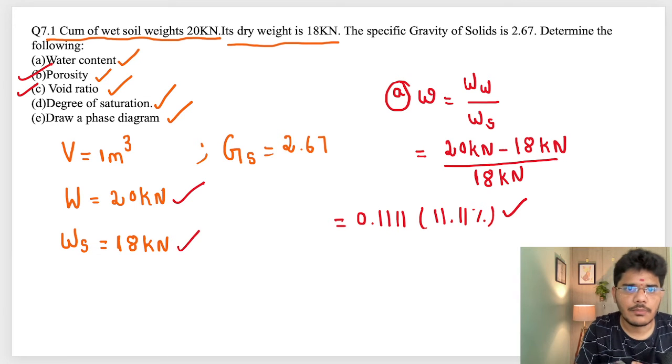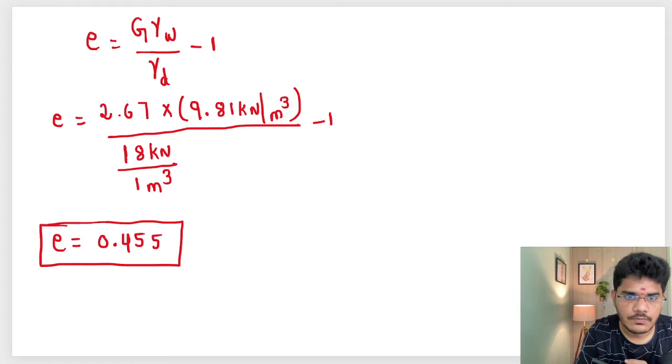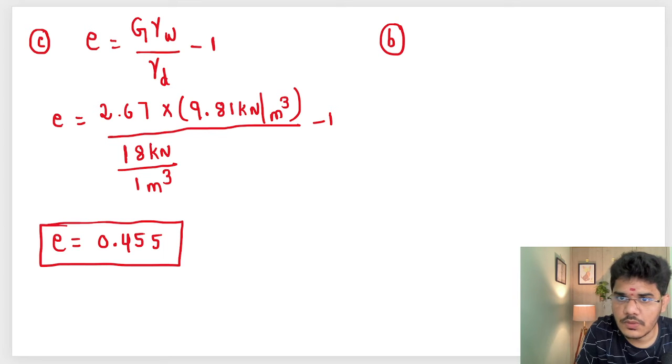Now we can calculate porosity. Porosity n is equal to e by 1 plus e.